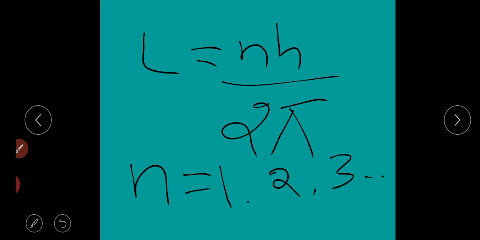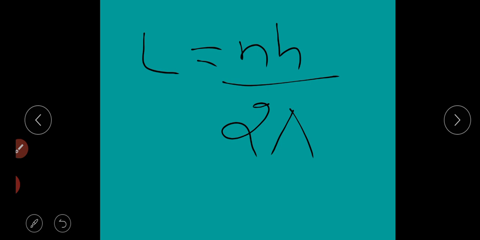Here, if I consider this for the nth orbit of the electron, I can expand this as: angular momentum is given by mvr.